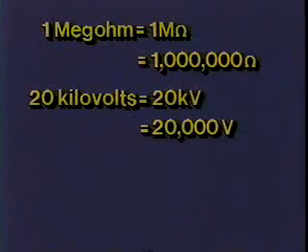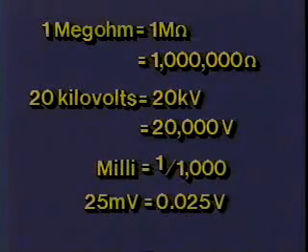Kilo stands for 1,000. 20 kV thus means 20 kilovolts, or 20,000 volts. Milli stands for 1,000th. 25 mV, or millivolts, is the expression for 25 thousandths of a volt.